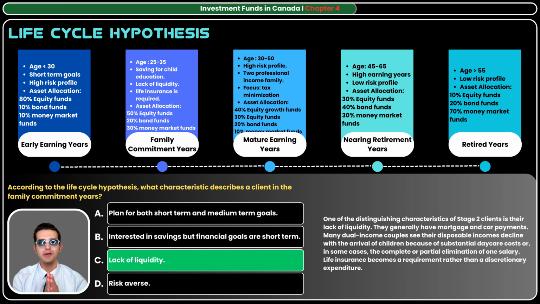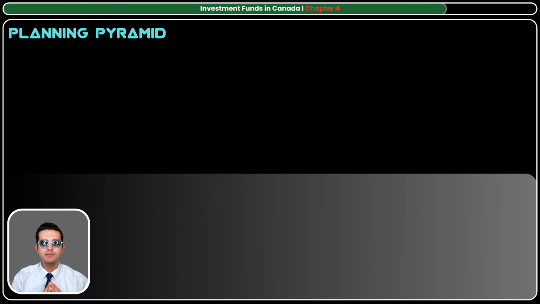Let's get to the next topic. Planning pyramid. What is the planning pyramid? The planning pyramid is a strategic framework for organizing and prioritizing goals and objectives.